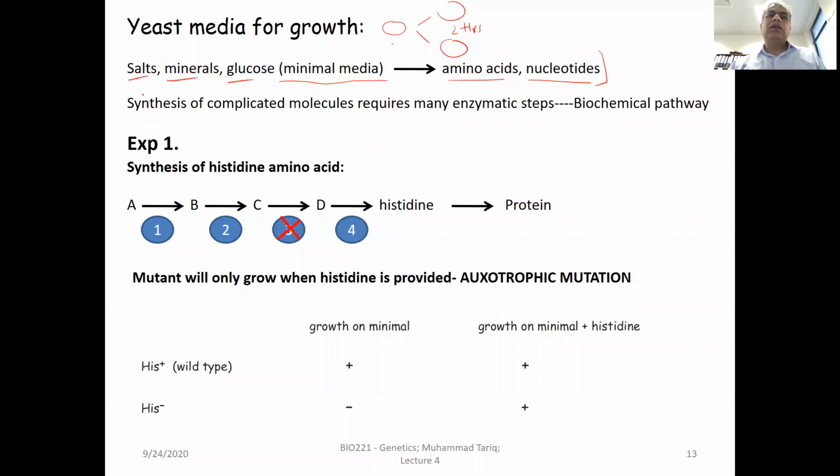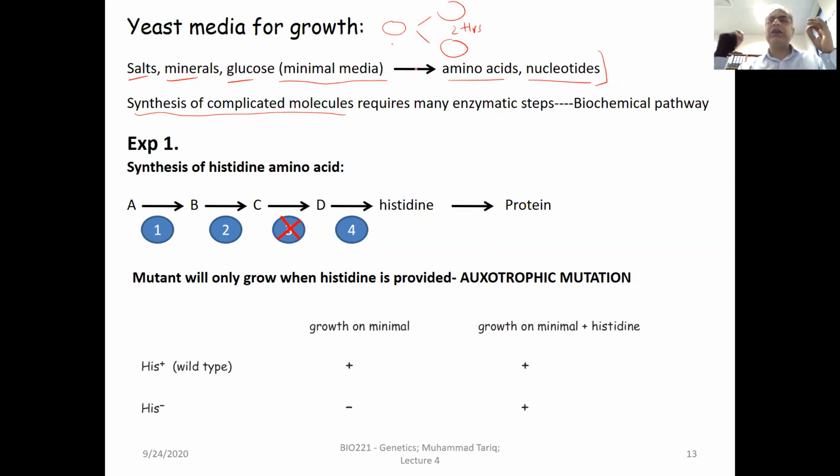Also, being unicellular, it's easy to understand the synthesis of complicated molecules because the analysis is easy in unicellular organisms. Yeast has proved to be very useful in understanding fundamental, basic transcription: how RNA pol2 comes and binds onto the promoter, what the general transcription factors are, how DNA damage takes place.